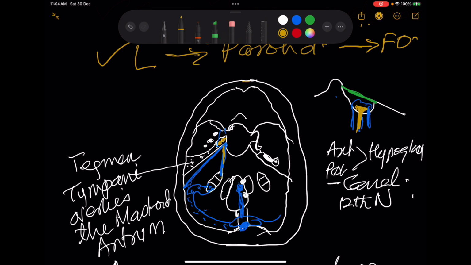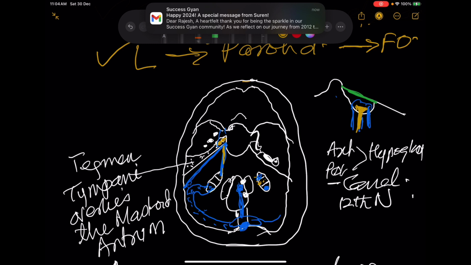So between the inferior petrosal sinus, which is here, and the beginning of the jugular vein, which is here, there are 3 nerves in the jugular foramen, 1, 2 and 3, and these 3 nerves are the 9th, the 10th, the 11th.